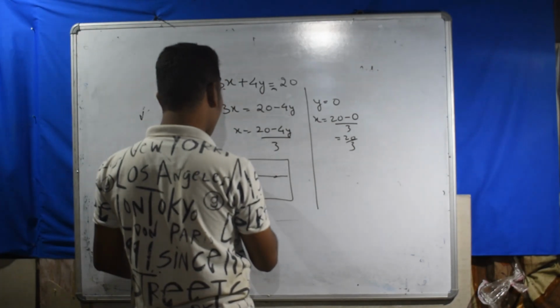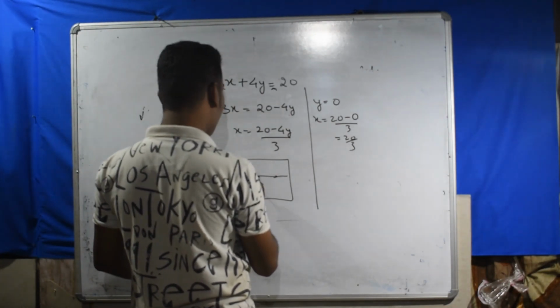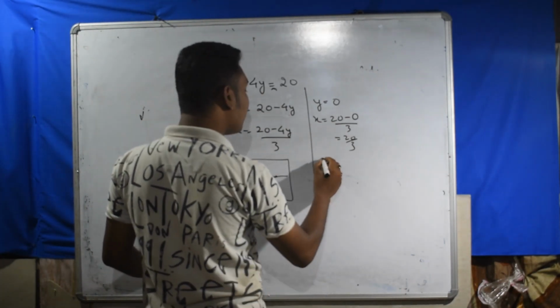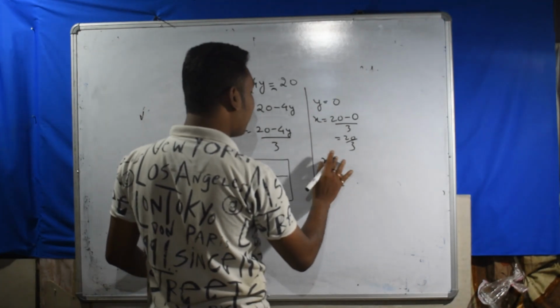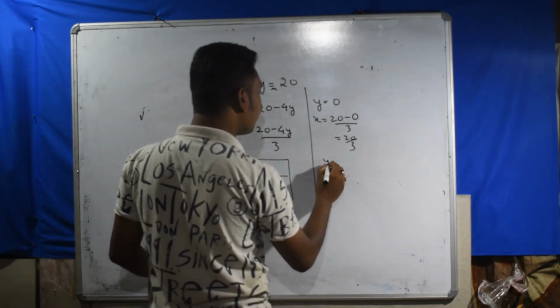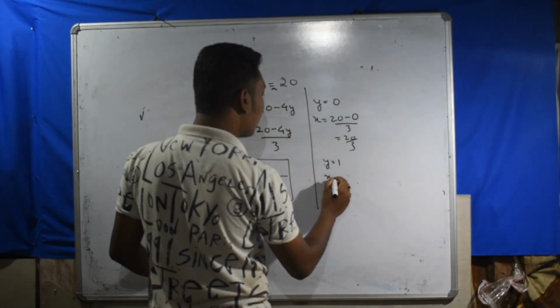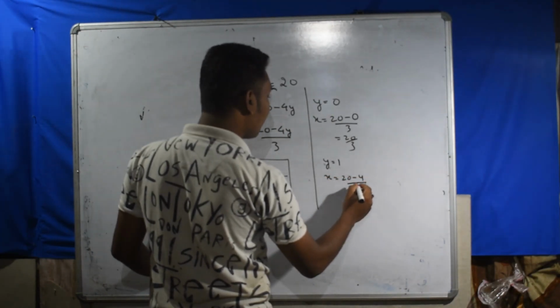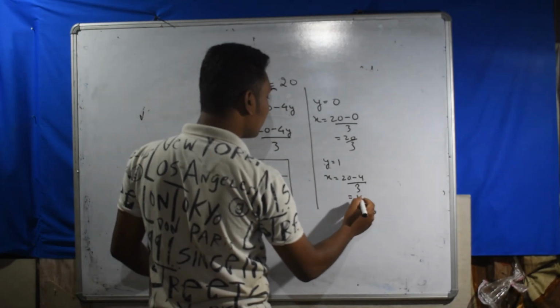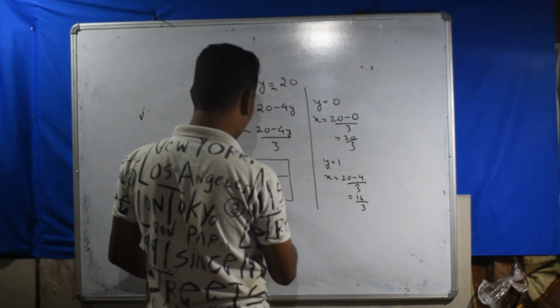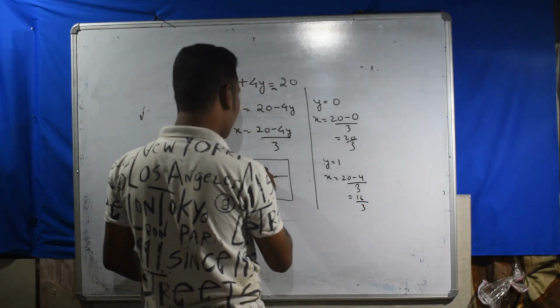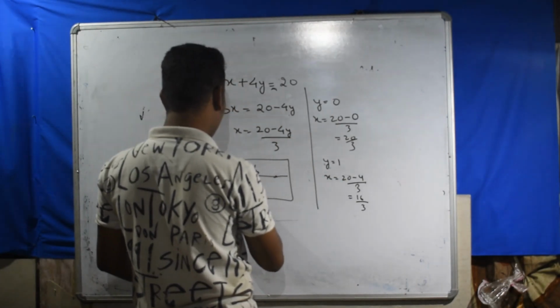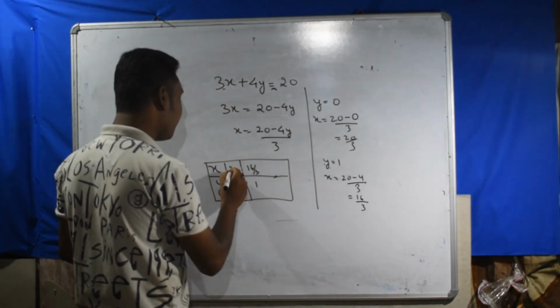For y equals 0, x is 20 by 3. If I consider y to be 1, x is equal to 20 minus 4 into 1 by 3, 16 upon 3.